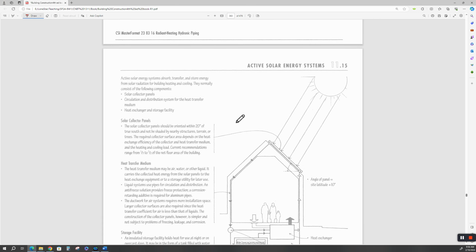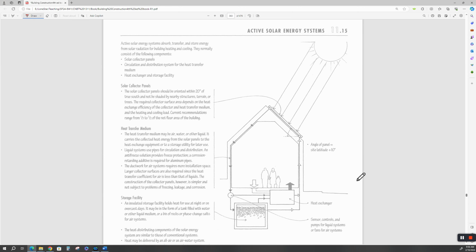Active solar energy systems. Some people around this area, they have solar heating panels for water, and then they have solar panels for electricity. So it's called a collector panel because it's collecting the heat from the sun, and it heats up water in here.